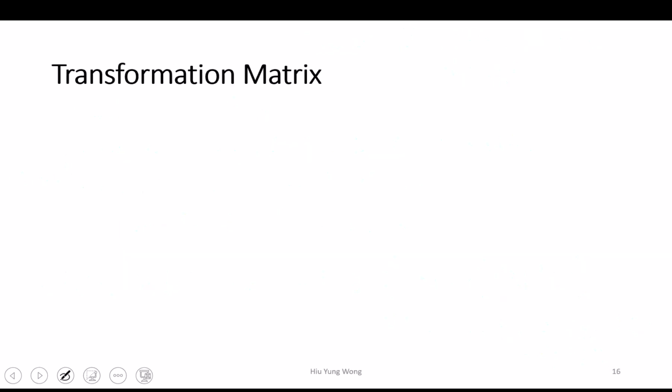Now we are talking about the transformation matrix. We're talking about the unitary matrix. So here I want to take this opportunity to finish the transformation matrix, which will be useful in the future. We won't go into detail. So what does it mean?